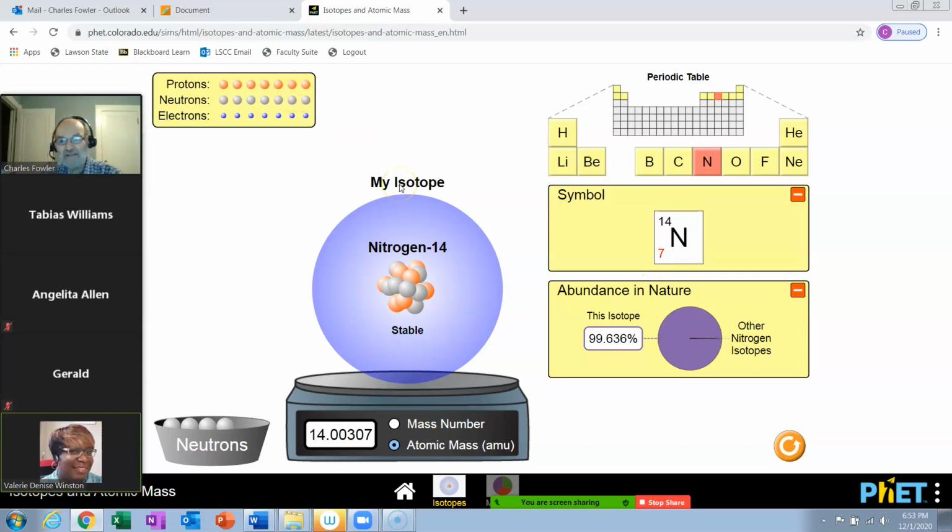Now, is it stable? Yes. Very stable. Atomic mass number. Anyone want to make a guess? 14. The atomic mass is 14.00307. Got it. Okay. The symbol.